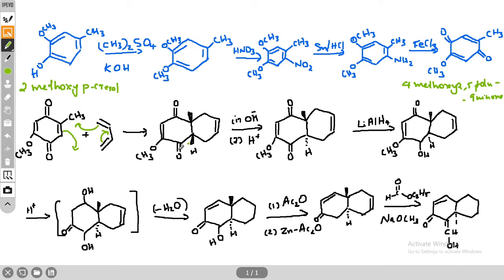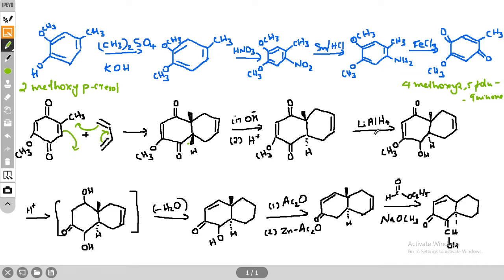The C=O is converted into its enol form. That is, this hydrogen will go here and this bond will become a double bond. Then when it is acidified, it is reconverted to the keto form. Then the hydrogen is shifted from here or here to here. So a more stable trans form is formed after these two reactions.